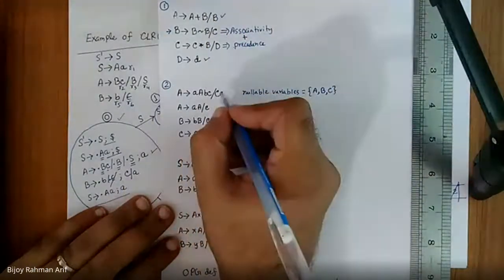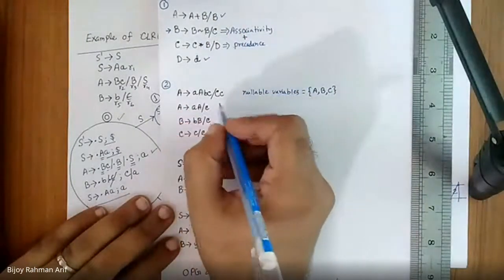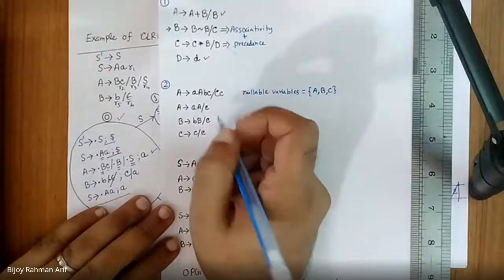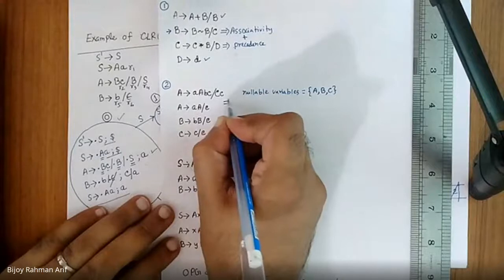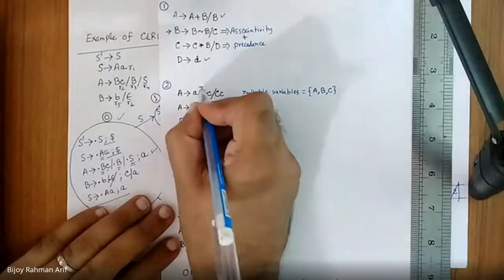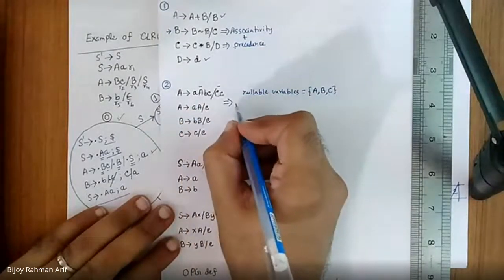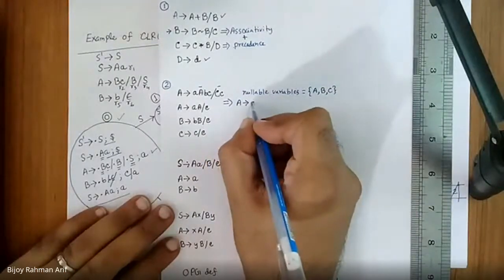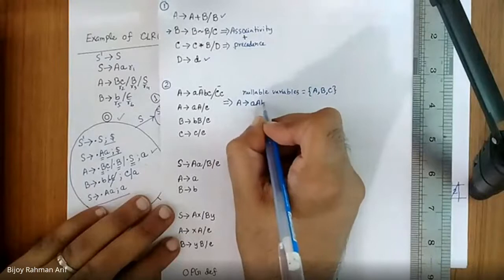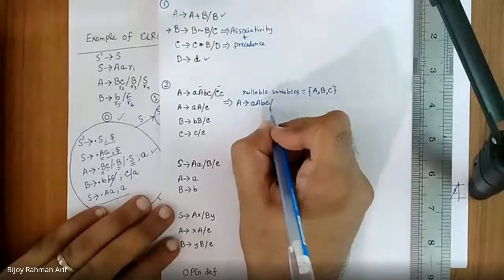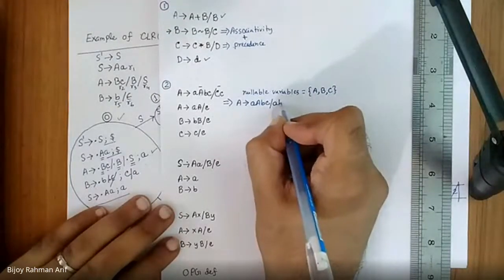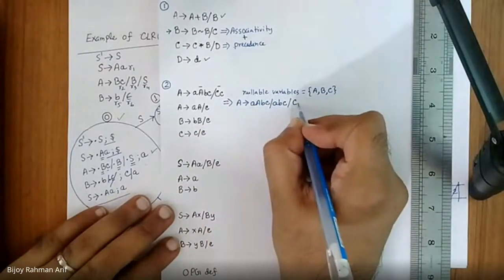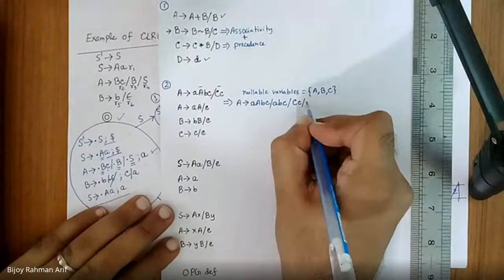Now, how can I transform this first production? We have to write it without removing the variable and with removing the variable. So A and C both are nullable variables. So we have to write A derives ABC, and A, B, C. Then here also C, C, or small c.